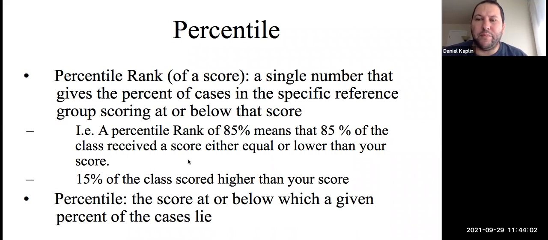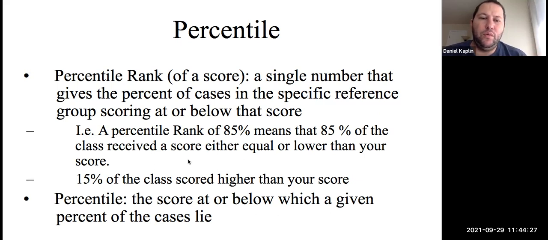Now you may remember from the previous lecture, a percentile is a given score at or below whatever percent of cases lie. Now, percentile rank, that is important to know because that is related to a reference group.